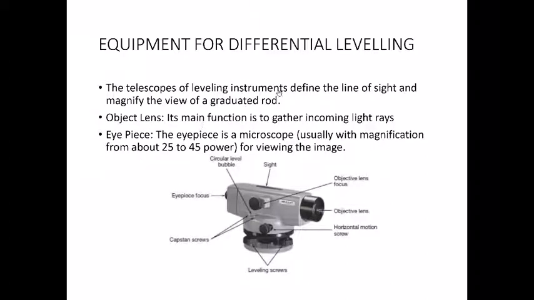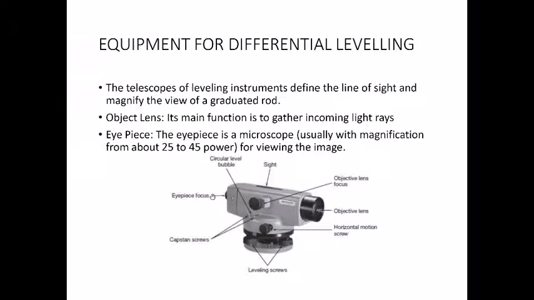But let's come back to our instrument, the auto level, and let's discuss the different parts of the auto level. So first you have this instrument. Beneath that, you will have a tripod stand on which you will fix this instrument. And this has this objective lens over here, and this is the eyepiece.